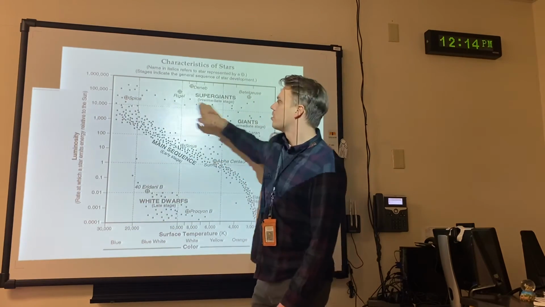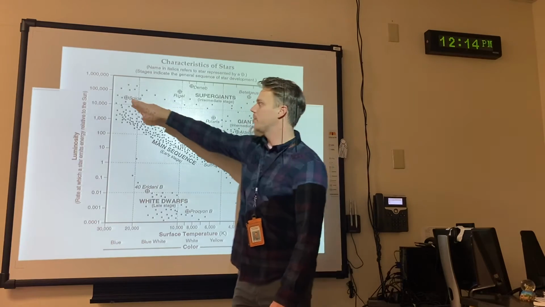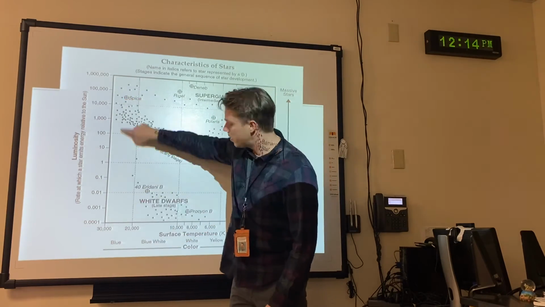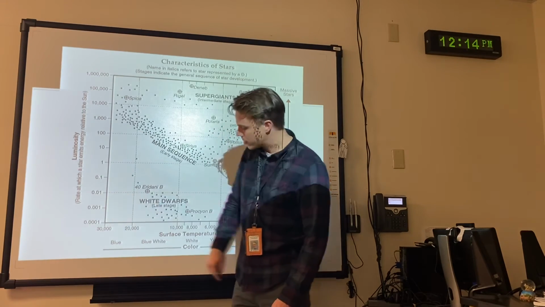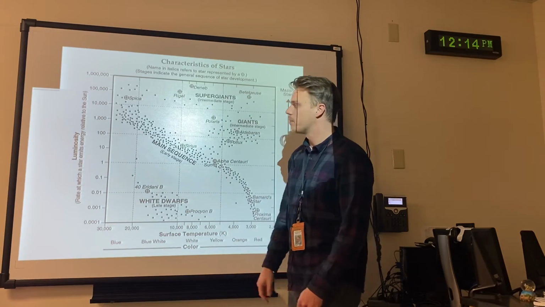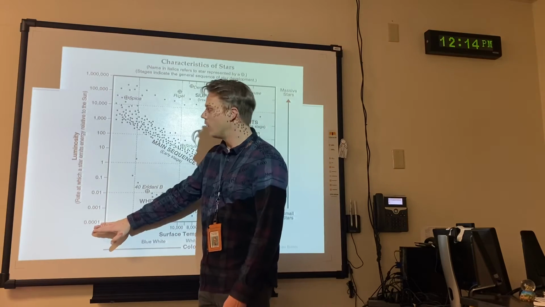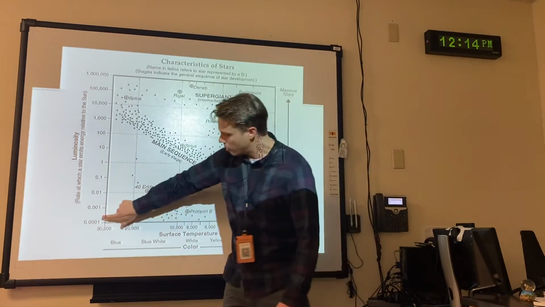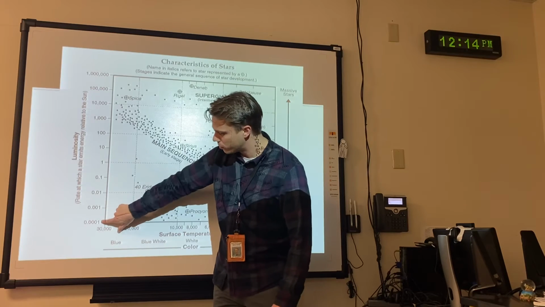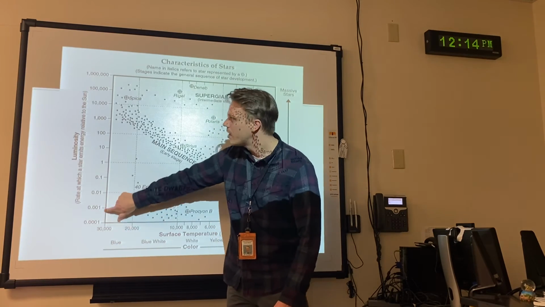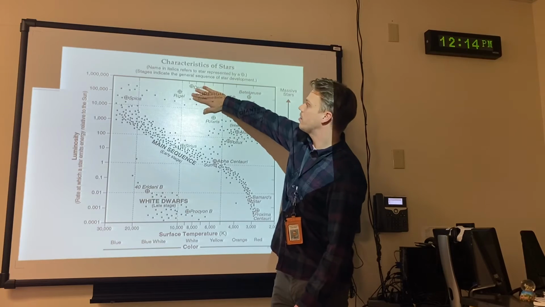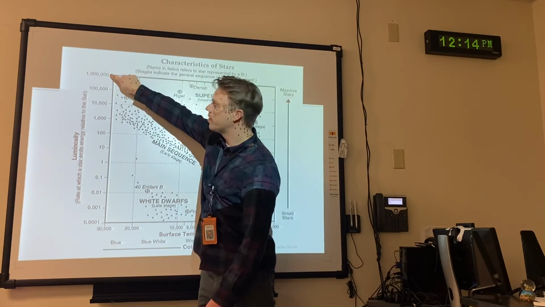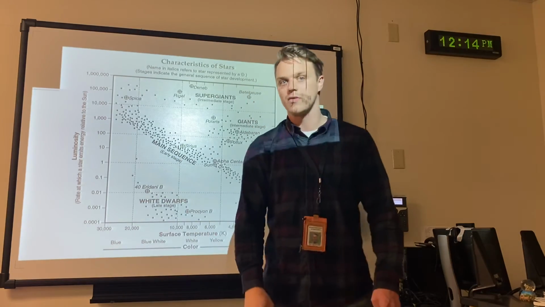Spica is a supergiant, so it's really, really big. And it's on the blue side, so it's really, really hot. It's between 20 and 30,000 Kelvin hot. On the left side, we also have luminosity, right? So the small stars have a low luminosity, 0.001, 0.0001. And then the really, really bright stars, supergiant stars, they are 100 to 1 million times brighter than the sun.